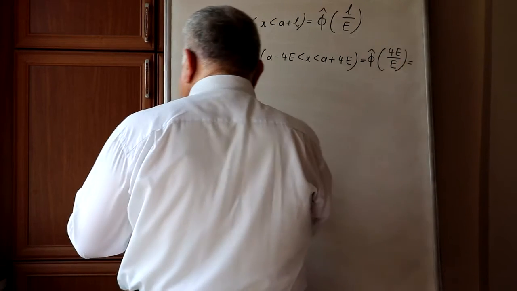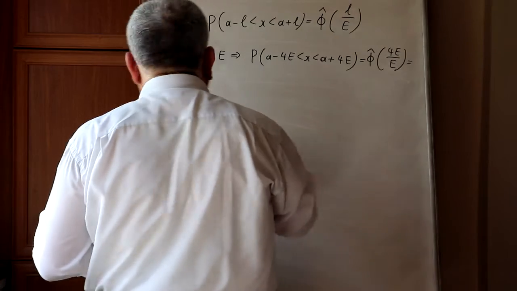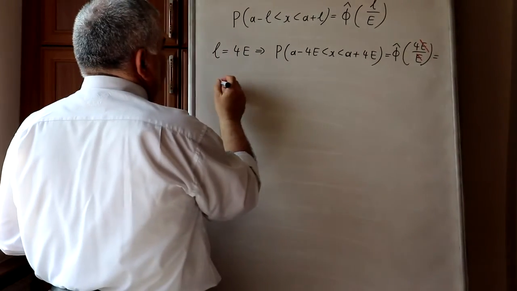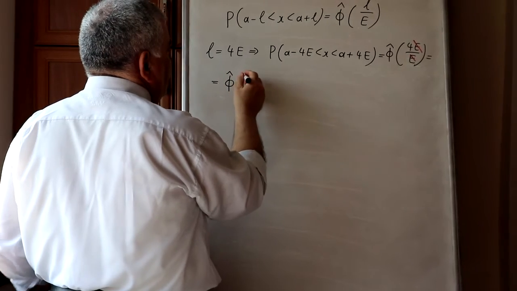Then simplify the argument by E capital. Then we will obtain phi tilde of 4.